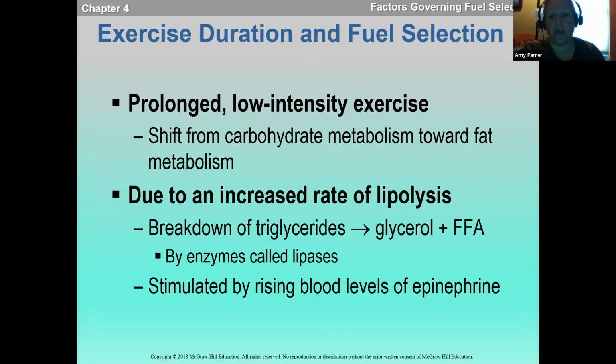With prolonged low intensity exercise, we're going to shift from carb towards fat metabolism because we're going to maintain it. And why is that happening? We're going to have an increased rate of lipolysis, breaking down those triglycerides into glycerol and free fatty acids, and part of that is because of those rising levels of epinephrine.